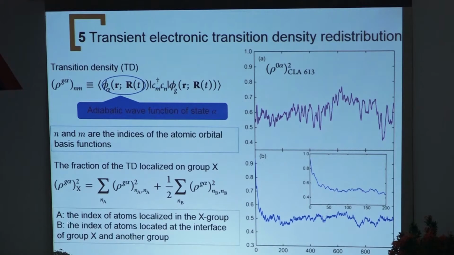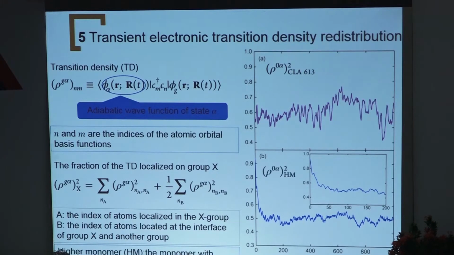A group index is the index of an atom localized in the X group. When the B is located at the interface of group X and another group, then we take 50%. Basically, this TD is shared by group X and the other group.